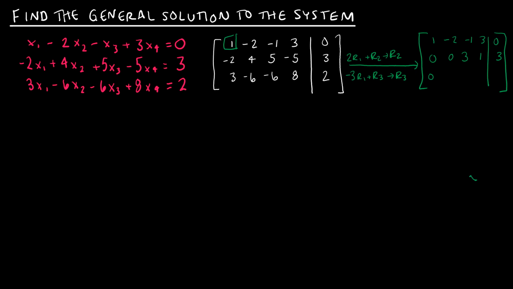Negative 3 times negative 2 is 6 plus negative 6 is 0. Look at my fat fingers down here again. Negative 3 times negative 1 is positive 3 plus 6 is negative 3. And then negative 3 times 3 is negative 9 plus 8 is negative 1. And then that gives me a 2.